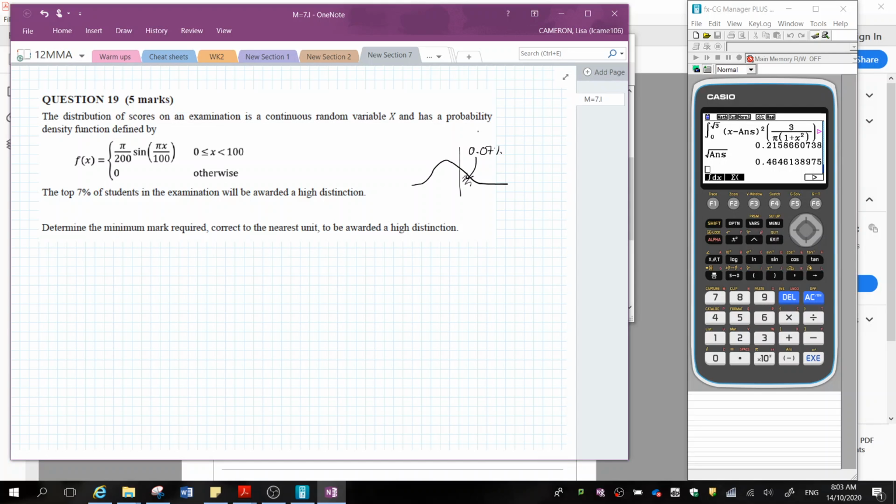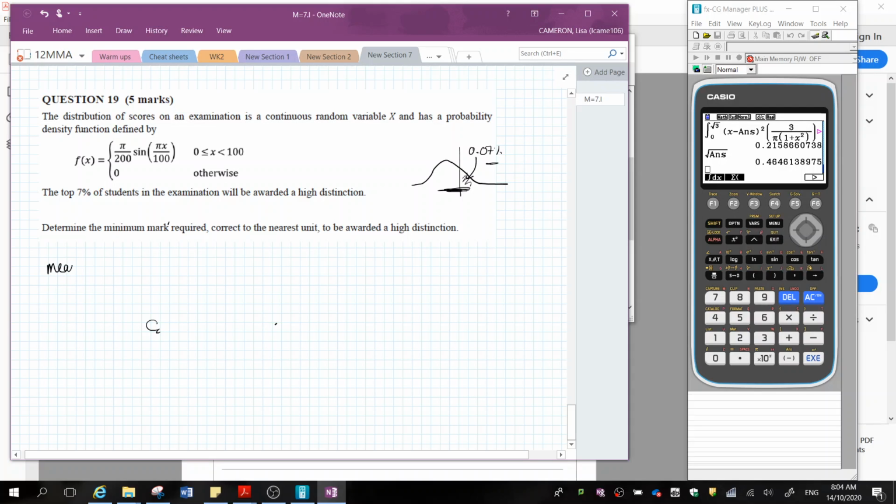I'm going to start first by working out my mean and standard deviation, and then I'm going to use my mean and standard deviation in the statistics function, and I'm going to use the 0.93 to work out where this mark lies. So if this is 7% here, then what is the score that aligns with that 7%? Okay, so let's start by working out the mean.